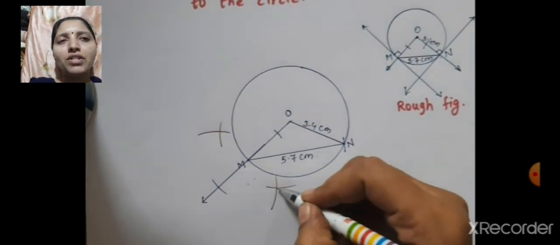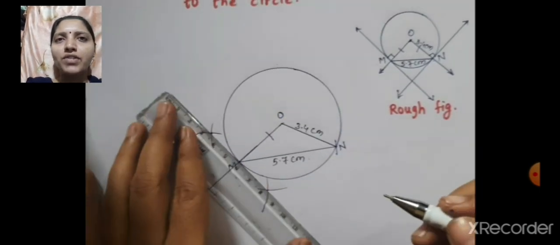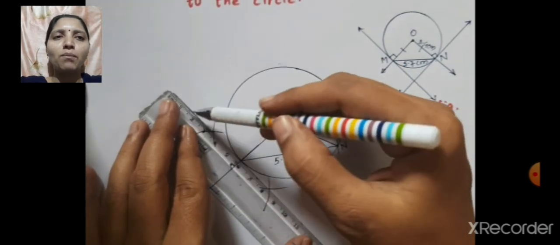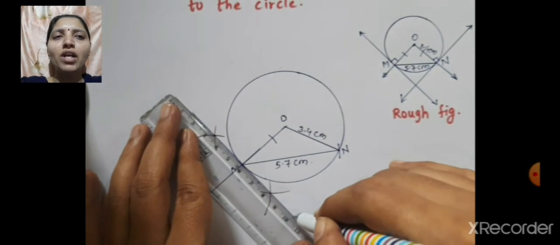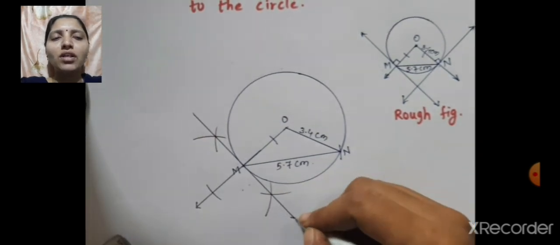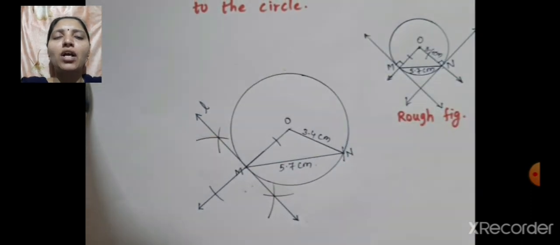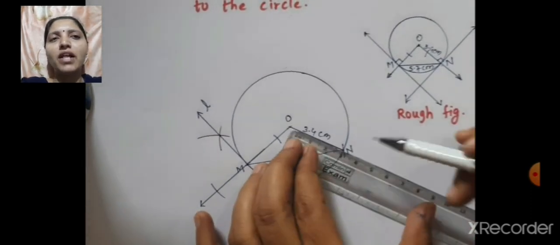Highlight the points of intersection, and then with the help of the scale join these two marks, and passing through point M draw one line. This line is perpendicular to radius OM. This is line L.